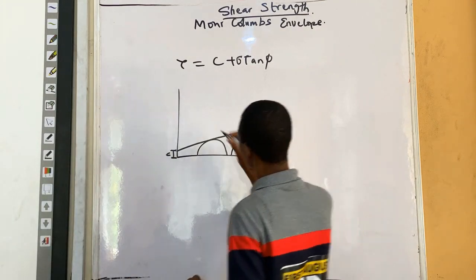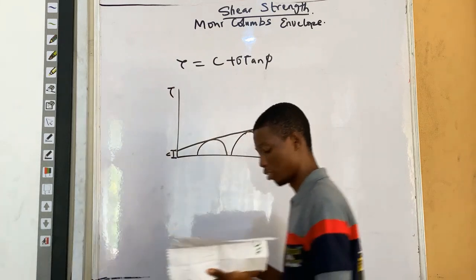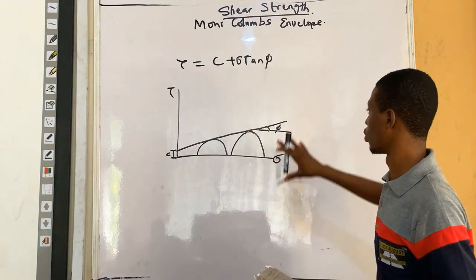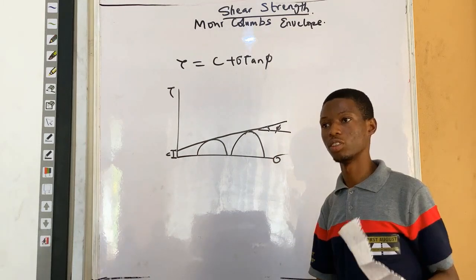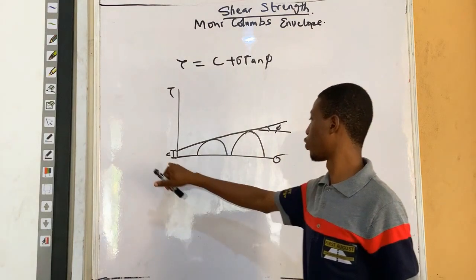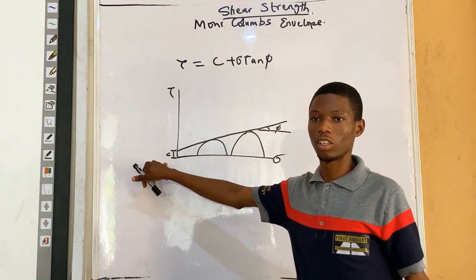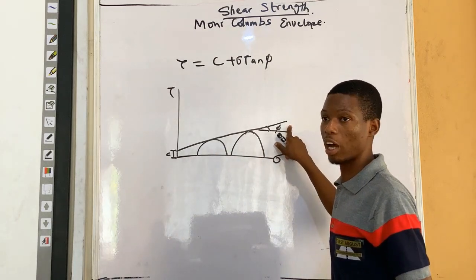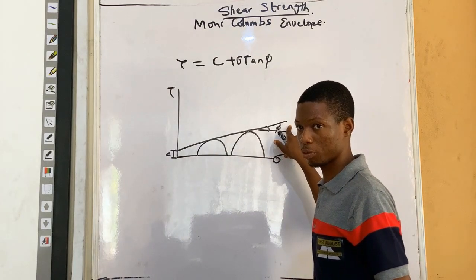This sigma, this tau. So when we draw the Mohr circle, this is what we are looking for: our cohesion and angle of internal friction.